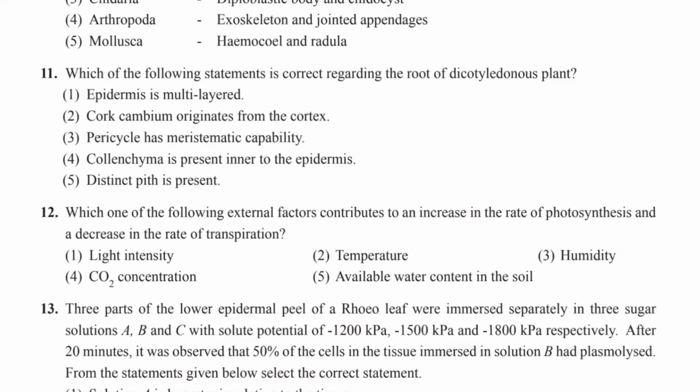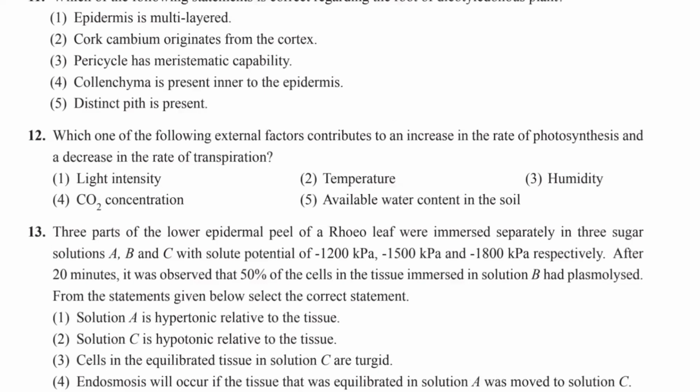Question number 12. Which of the following external factors contributes to an increase in rate of photosynthesis and a decrease in rate of transpiration? Right? Now, if we take photosynthesis, it is affected by carbon dioxide concentration in the substomatal cavity of plant leaves, light intensity, temperature, okay?